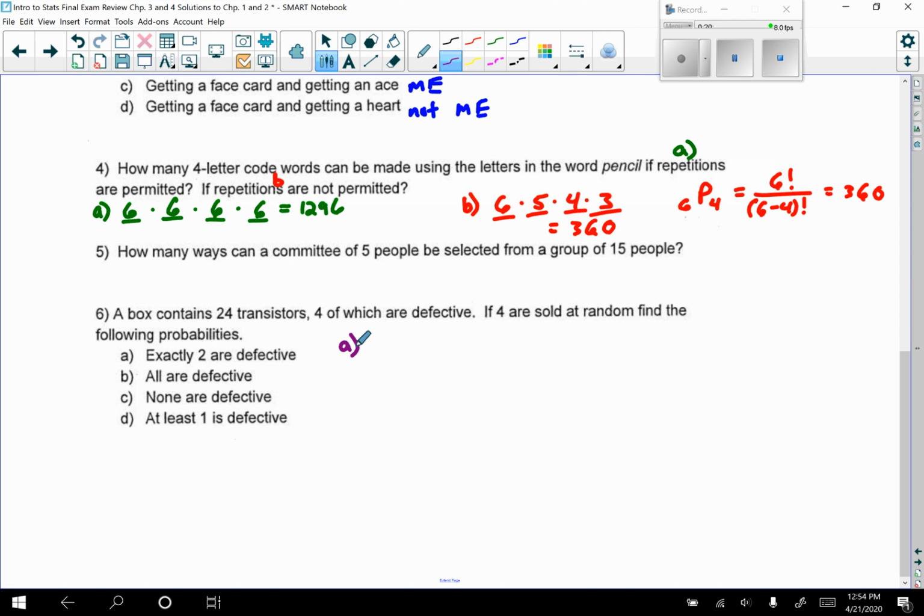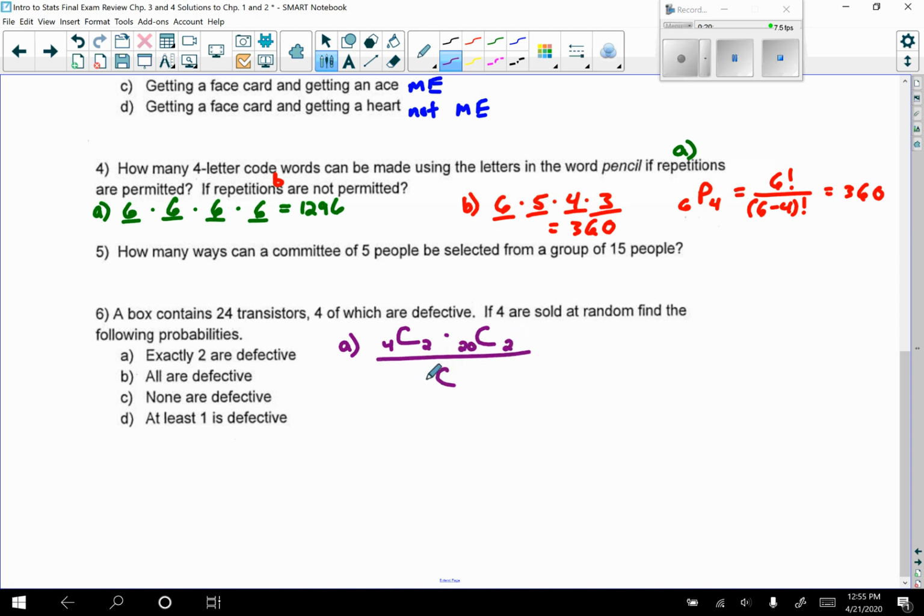So if exactly 2 are defective, that means we have 4 that are defective, so we have a combination of 4 choose 2. But we're picking 4 altogether, so then we have another combination. If we chose 2 already, now we're down to 22. Rather, not 22, because 4 are defective, which means 20 are not defective. So from the 20 that aren't defective, we have 2 more to pick.